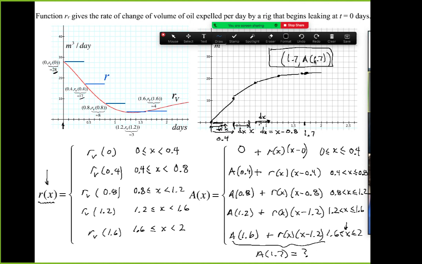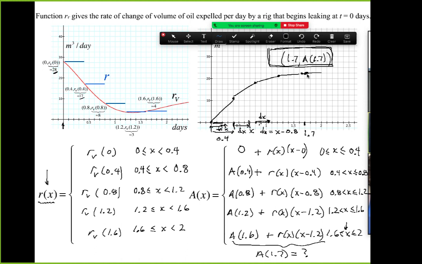What's the meaning of that point? What's the meaning of that point in this context about the oil? When one phase has elapsed, the amount of oil that has been expelled is A of 1.7.